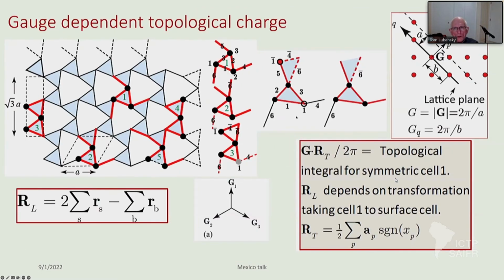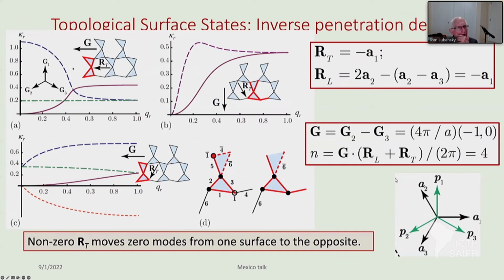Now this gives me that G dot A G, which is the normal here, is G2 minus G3, which is off like that.